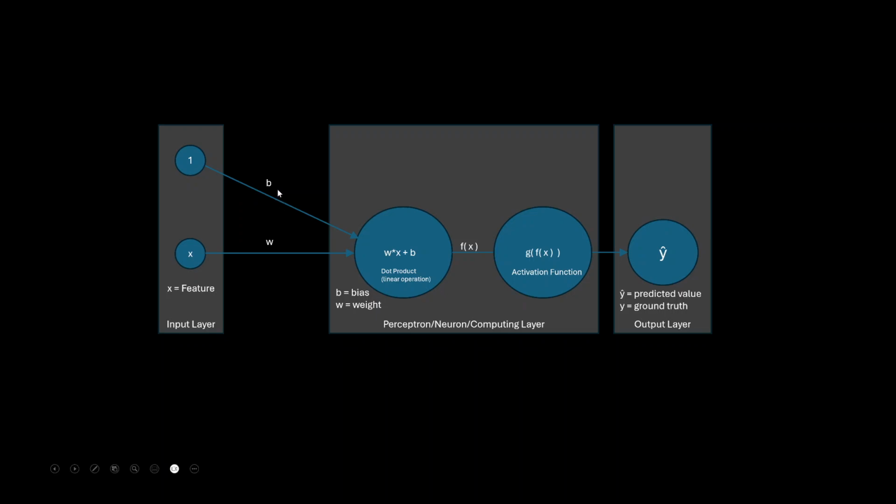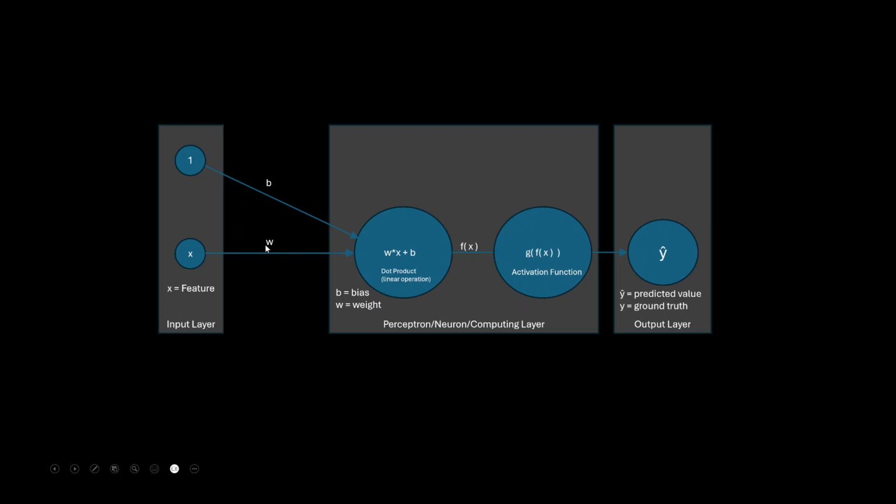So during training, we need to find B and W. Basically, we train this perceptron to zoom in on the best value of B and the best value of W that represents the best relationship between y hat and the input. So the perceptron does a dot product.